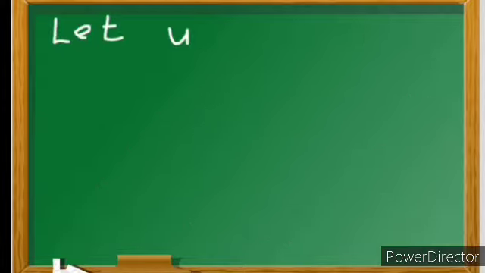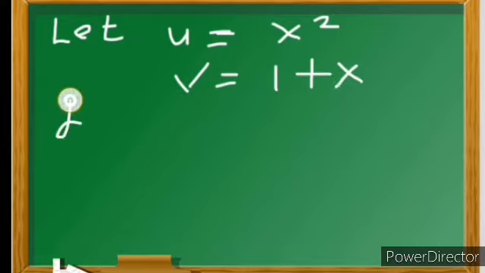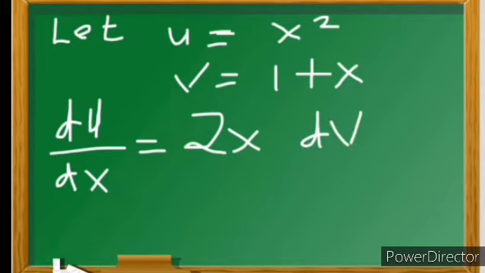Now let u be the numerator function, which is x squared, and let v be the denominator function, which is 1 plus x. So we're going to differentiate each of the u and v functions separately. So we'll say du/dx. We know that if we differentiate a function, we bring down the power in front and then subtract 1. So x squared will give us 2x, while dv/dx will give us 1.